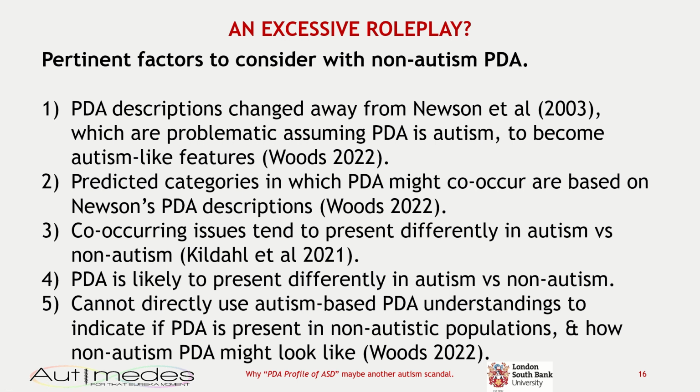If you're expecting non-autistic PDA to look autistic, to meet the threshold for being autistic, you're probably barking up the wrong tree. It just seems contradictory and nonsensical, at least to me anyway. Other people might disagree on that one.